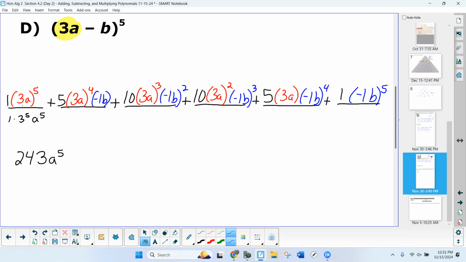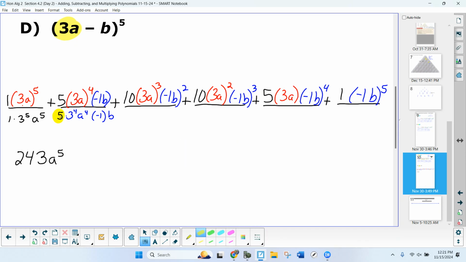Term 2. Term 2, you're going to do 5. Now be careful. What do you have to do with this 4? Has to go to the 3 and the a. And then you have times -1 times b. So what am I multiplying?